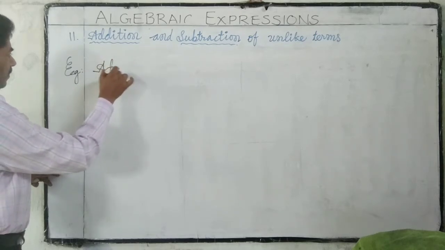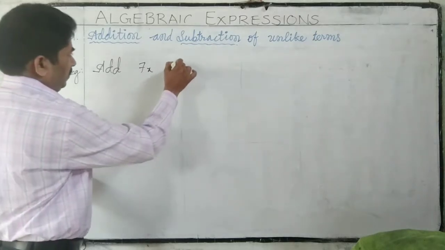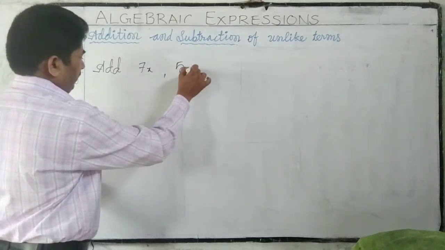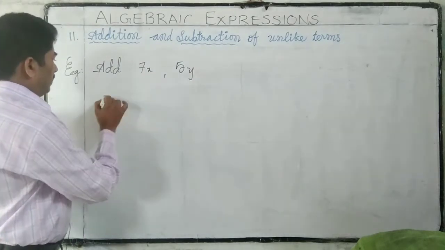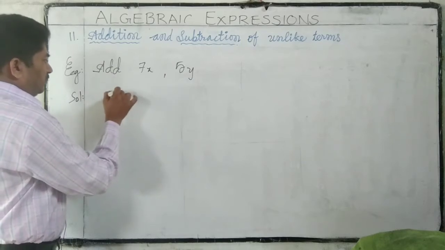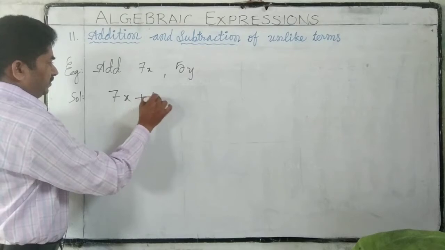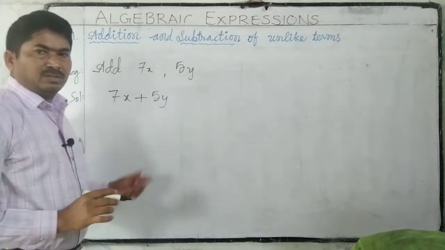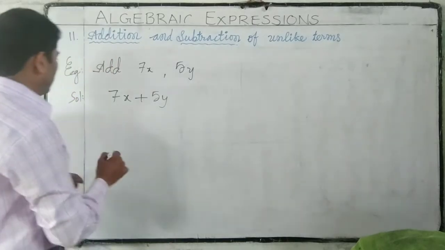Add 7x and 5y. To add, we can keep the symbol like this: 7x plus 5y. These are unlike terms, so we can't add.